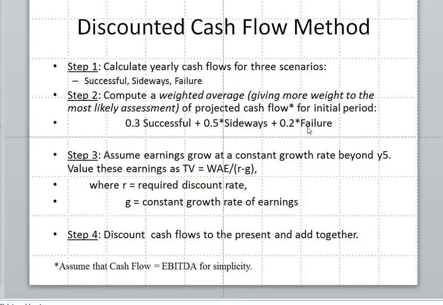In step 3, you have to figure out what's going to happen to the company after it gets to a certain point after year 5, and so you consider that the company will continue to grow after that point. We won't be doing this valuation, so I'm not going to go into detail about it.